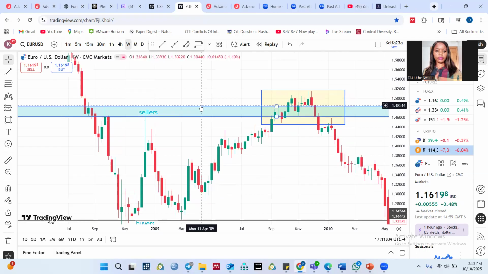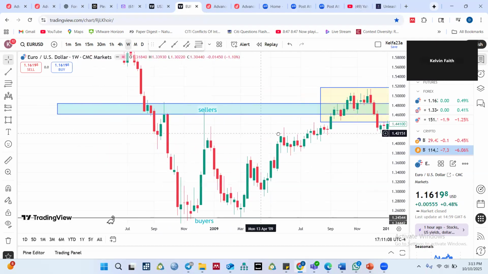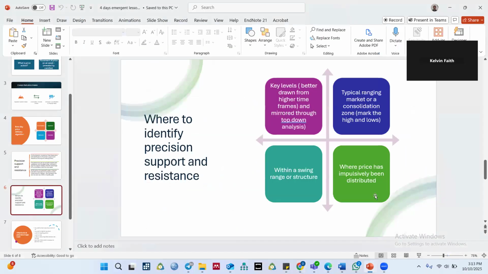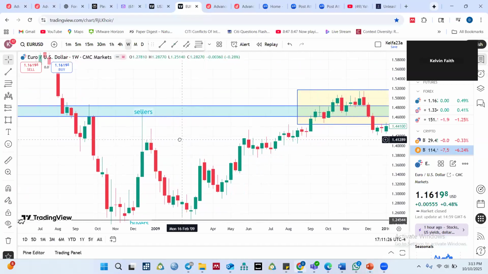So instead of using this zone, I want to look at exactly where the PPT is. Exactly where price has impulsively been distributed from, where price is taken off from. And how do I identify that?